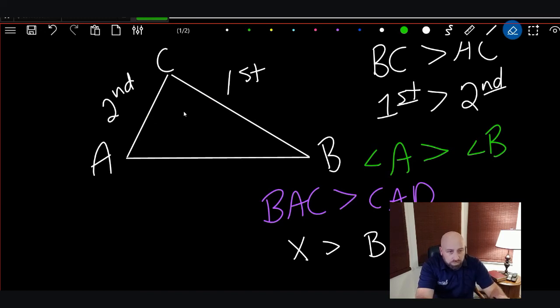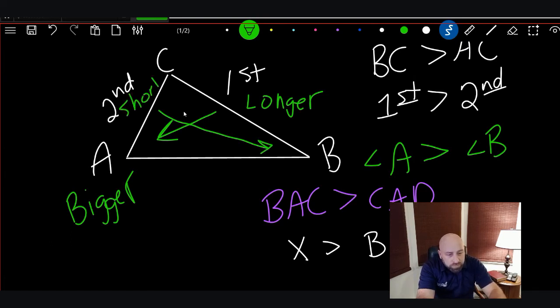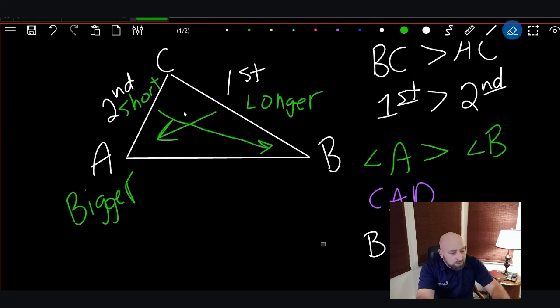You need to know that the angle opposite the longer side is bigger than the angle opposite the shorter. And so let me get rid of some of this other stuff down here.